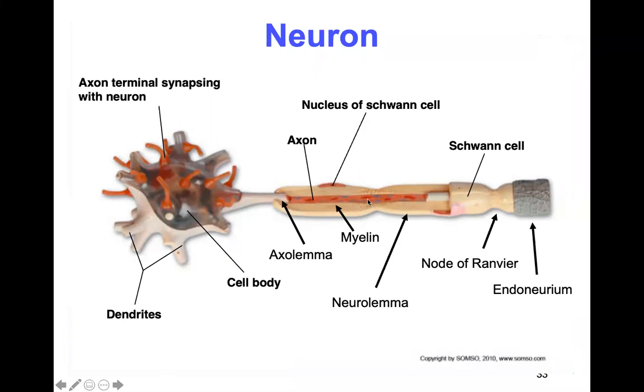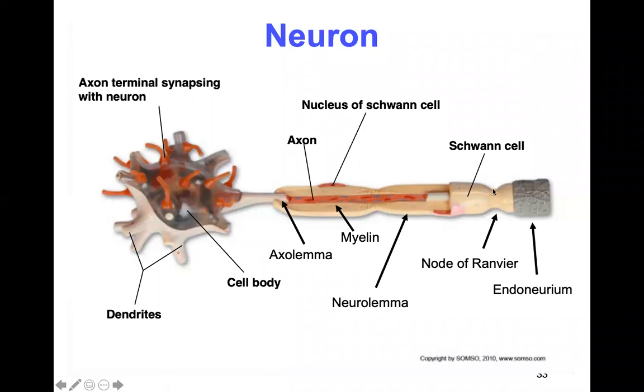What surrounds the axon is myelin. This is cholesterol or a fatty structure. Okay. And the Schwann cell in the peripheral neural system is what myelinates nerves. The Schwann cell myelinates nerves in the peripheral neural system. You learned that the oligodendrocyte myelinates in the central neural system.